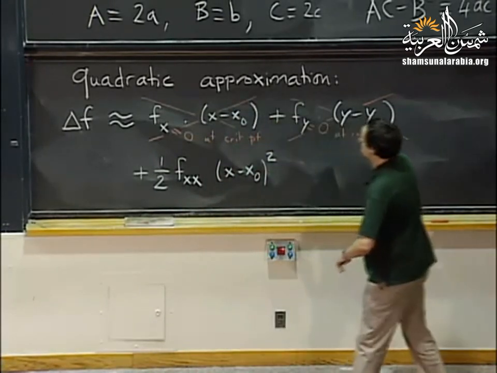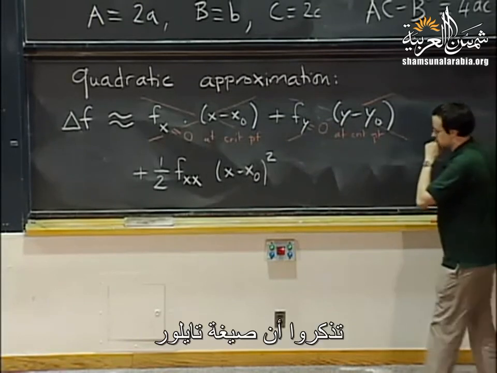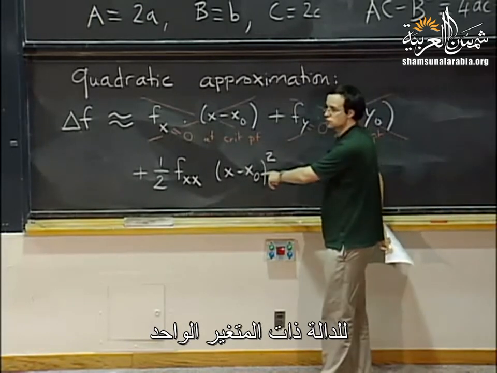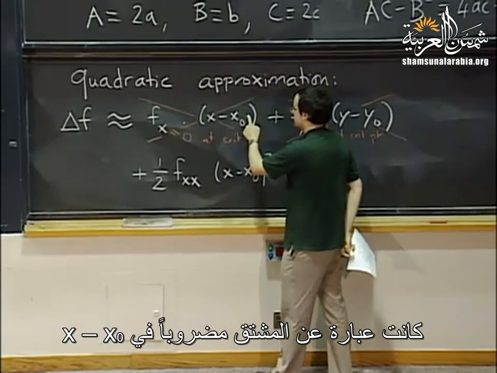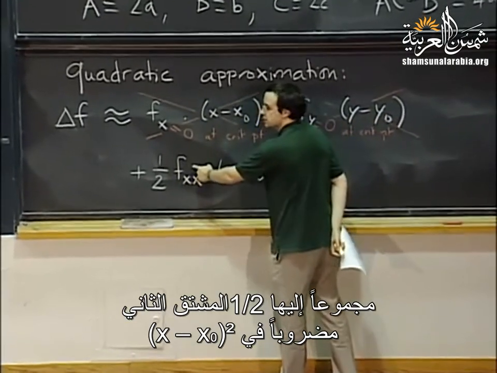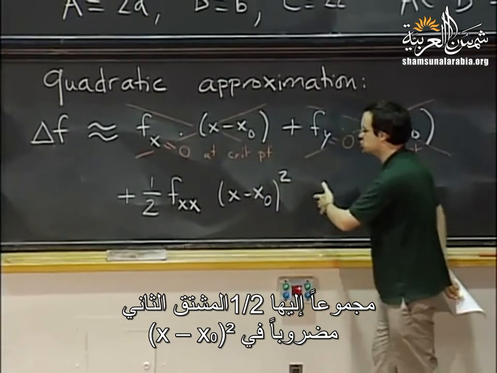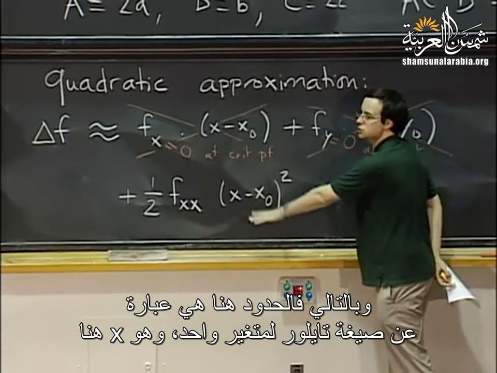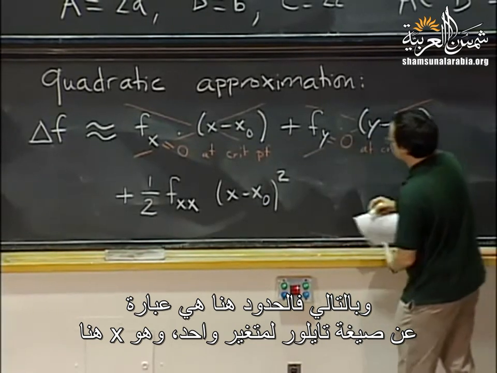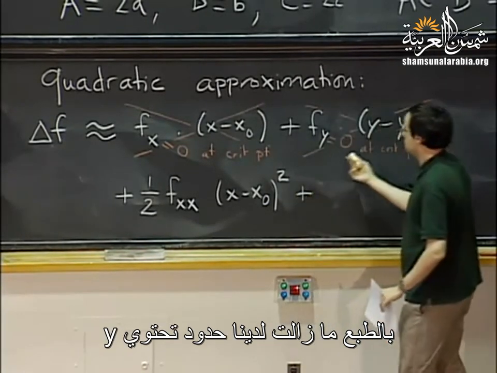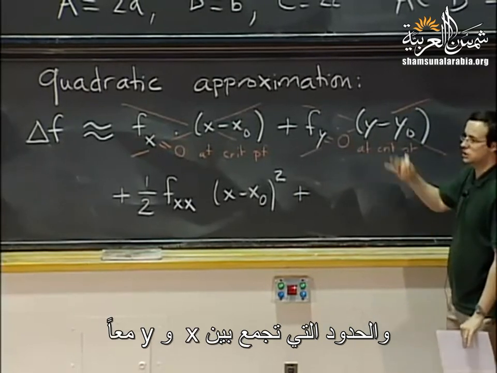If you remember the Taylor formula for a function of a single variable, there was the derivative times x minus x0 plus 1/2 of the second derivative times x minus x0 squared. And this side here is really Taylor approximation in one variable, looking only at x. But of course, we also have terms involving y and terms involving simultaneously x and y.